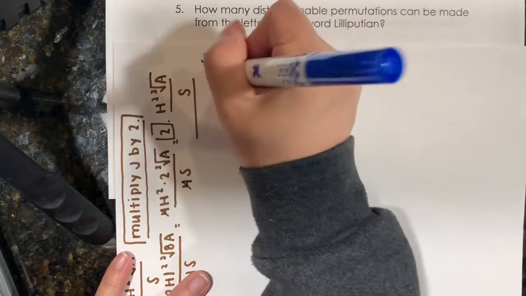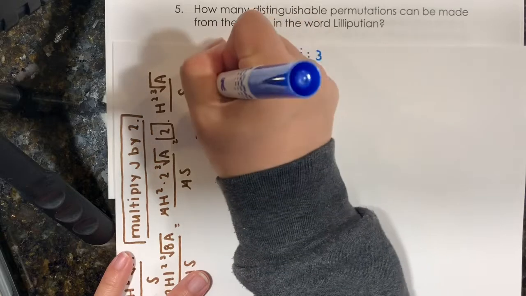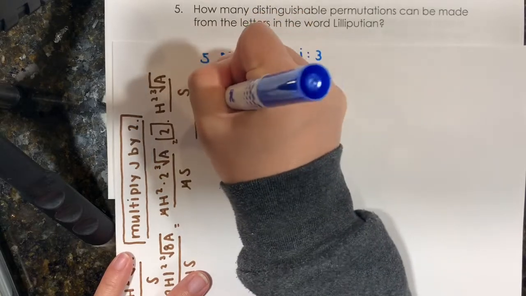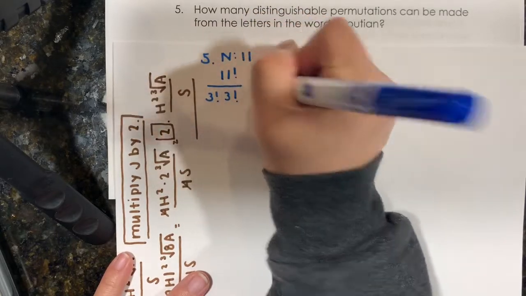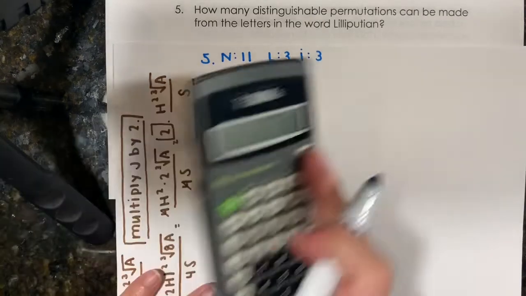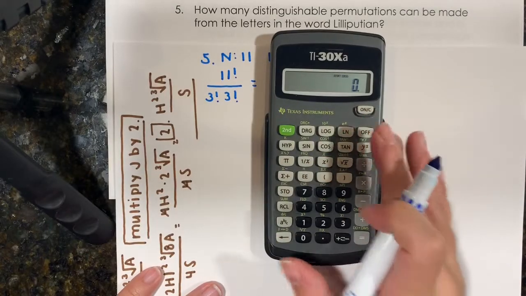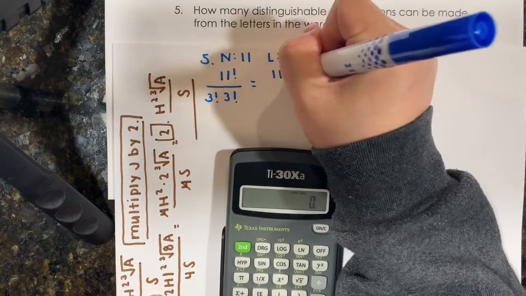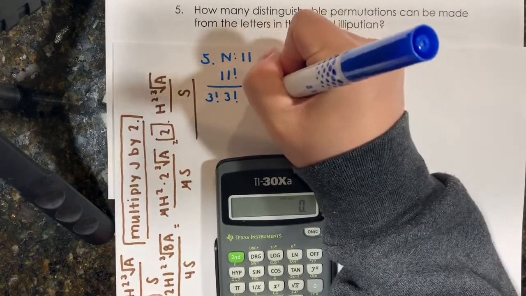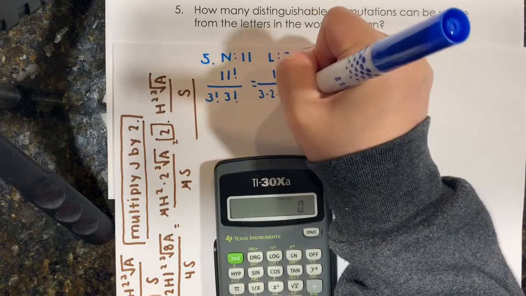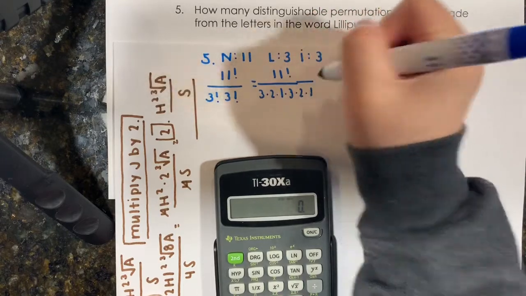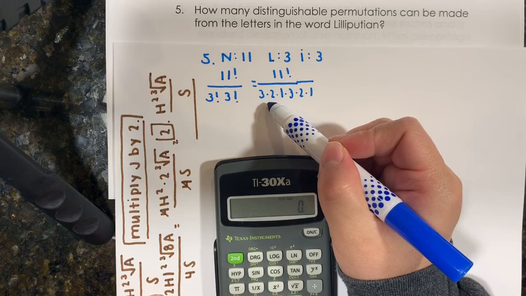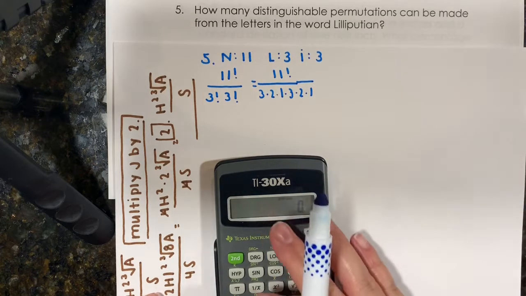So our equation is going to be 11 factorial over 3 factorial, 3 factorial. I'm not going to multiply this out by hand, but it's 11 factorial over 3 times 2 times 1 times 3 times 2 times 1. But 3 times 2 is 6, times 3 times 2 is 6, so that would be 36.